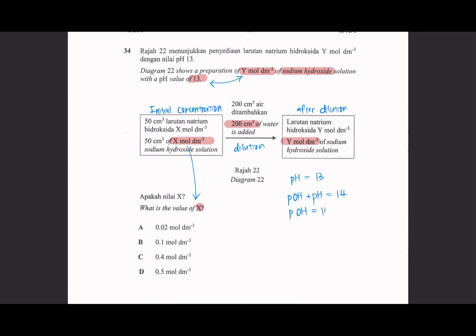So the pOH equals 1. pOH is the negative log of the concentration of hydroxide ion.